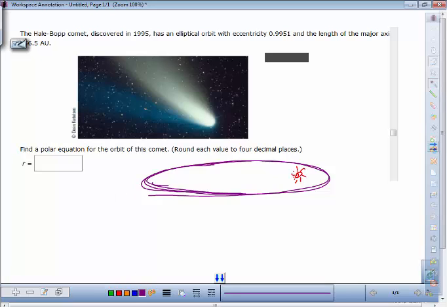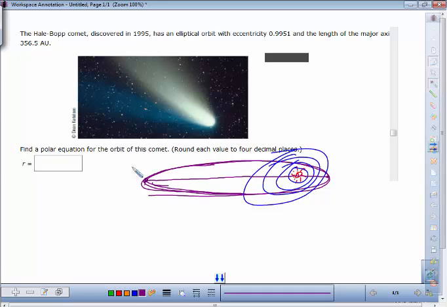You know, the other planets probably revolve around the sun just around like this, and then this comet does something that's a little bit different. I just kind of messed up the drawing, but the major axis, if we try to look at this from a two-dimensional point of view, the major axis would go through the two vertices of the elongated side of the ellipse and would pass through the focus point, the sun.